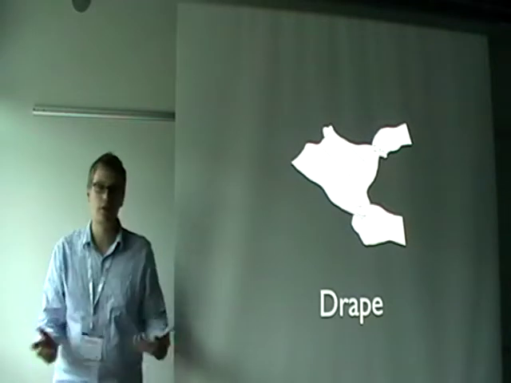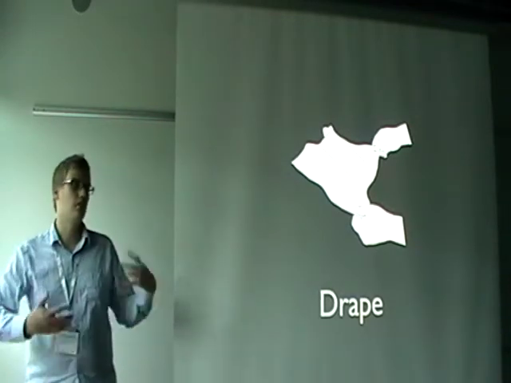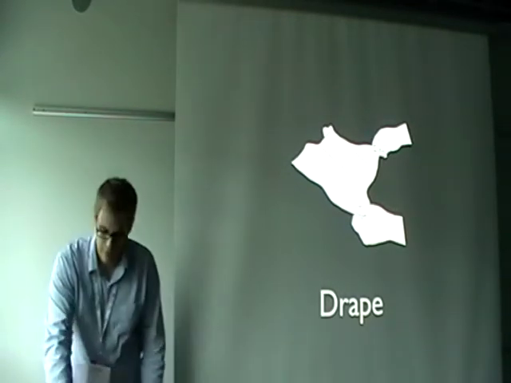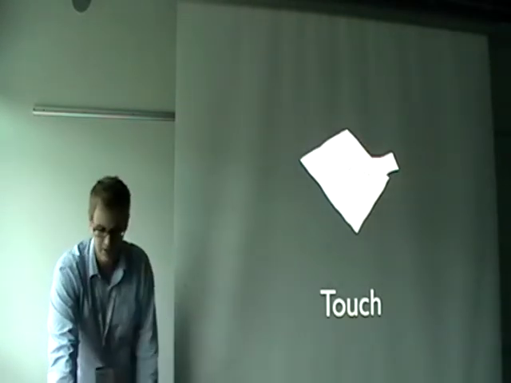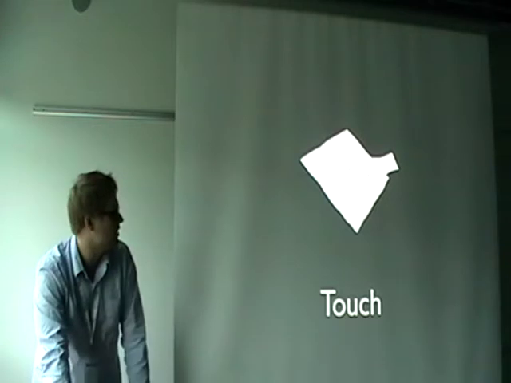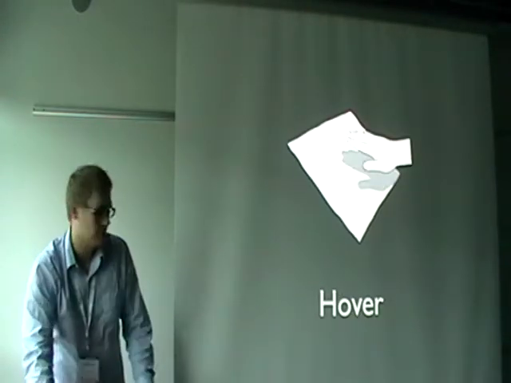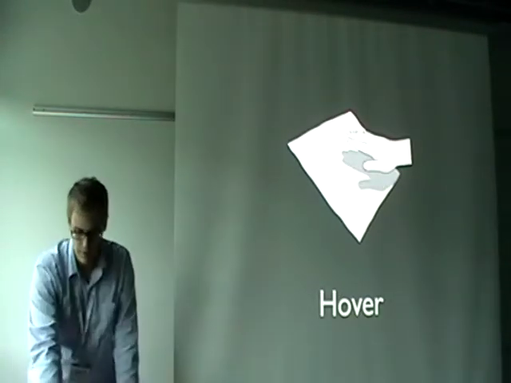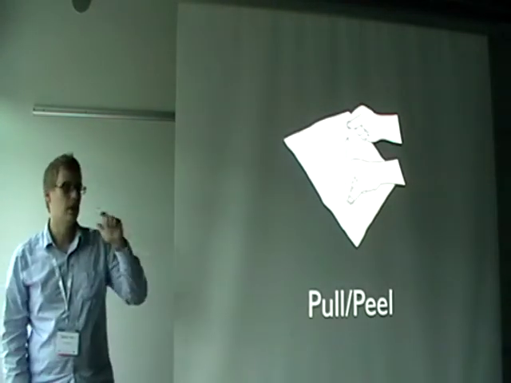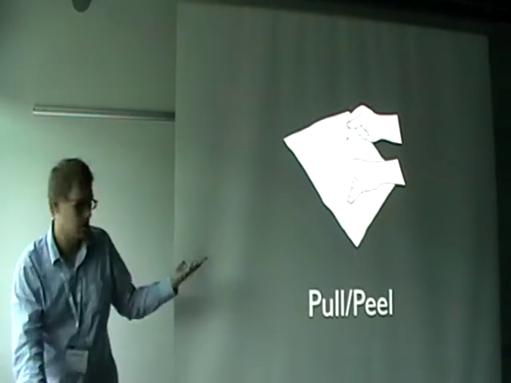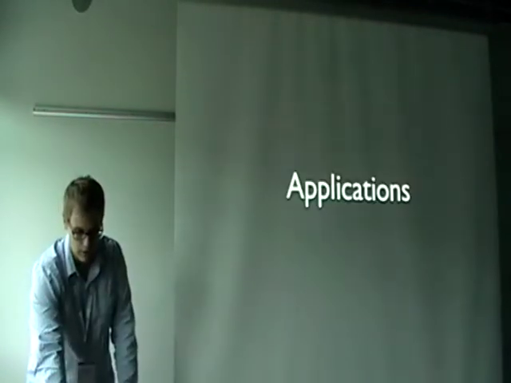The drape, which is our intrinsic gesture where the cloth is placed over an object and there's information captured from that. The touch gesture, which is a cheat because it grandfathers in tons of other stuff. The hover, which is a virtual gesture that we implemented. And then the pull and peel gesture, which is just a pinch with a movement afterwards, which can also be virtual or real.